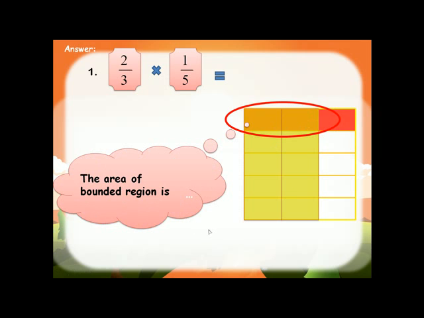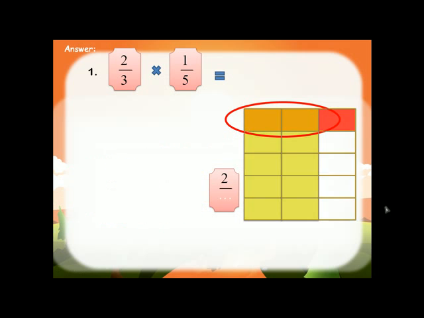The number of bounded regions will be the result of this multiplication. We have 2 per the number of all boxes, which is 15. So the result of this multiplication is 2/15.